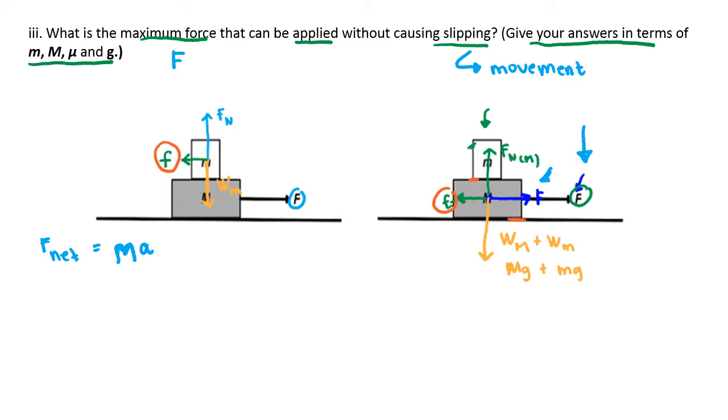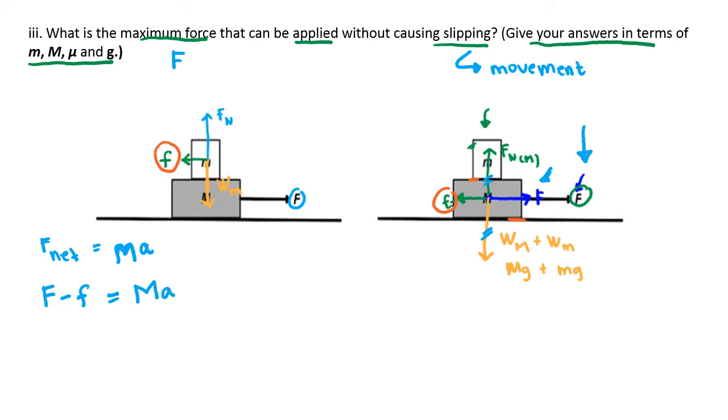And the forces that we will be considering are the forces on the axis at which your acceleration would possibly take place, and in this case it is the horizontal axis. So this means the vertical components of the forces acting on the bigger block cancel out each other. They don't really have bearing on the motion of the object. So our F net would just be the applied force minus friction, since it is in the opposite direction, and that is equal to capital MA.